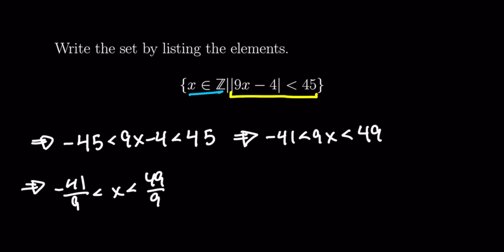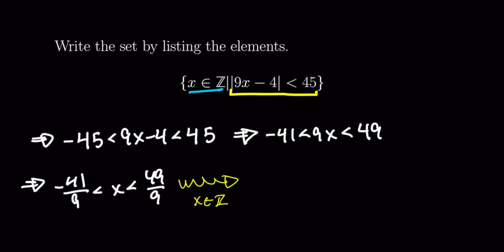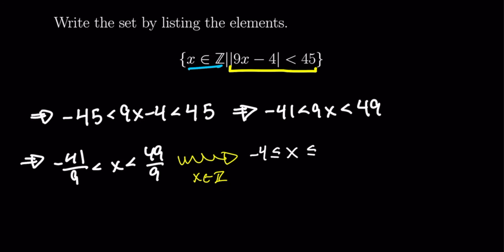Then you might write this in interval notation if you were in a pre-calculus type class. But since we're in this intro to proof writing class, what we'd like to do instead is write a list. Now taking advantage of the fact that x is an integer, and these are both non-integers, they're rational numbers, we say that x has to be greater than or equal to negative 4, but less than or equal to 5.